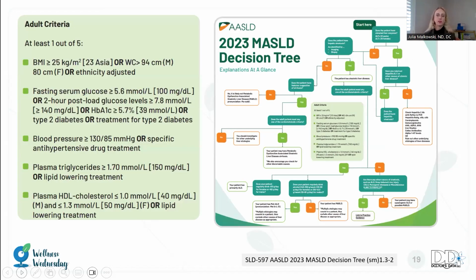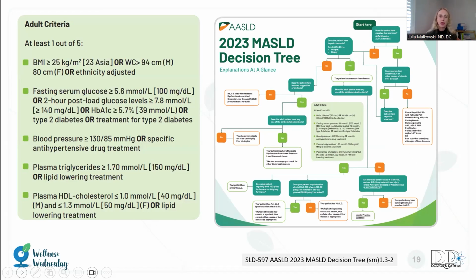We spoke briefly about the fact that gut-derived TMA then goes on to become TMAO in the liver, and that potentially individuals with metabolic syndrome will have metabolic associated steatotic liver disease. The criteria for this is actually fairly straightforward. Your patient needs to have 1 out of the 5. These criteria are linked to the metabolic syndrome criteria.